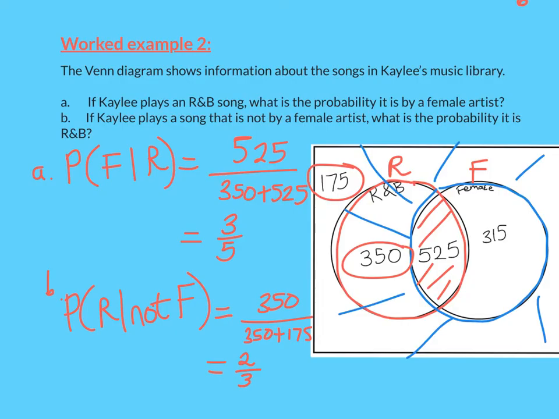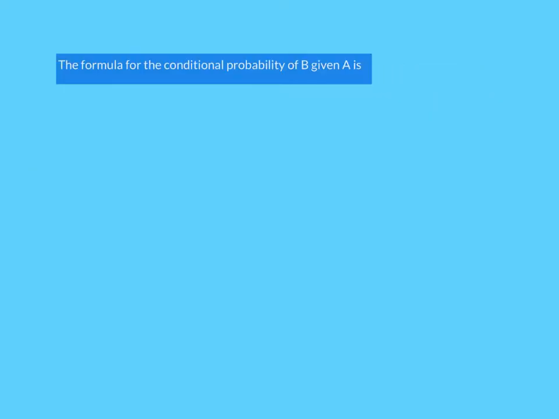Okay. We're now going to move on to the formula of conditional probability of B given A. Okay, so this probability, the probability of B given A, is the probability of A and B, all divided by the probability of A. And this can be rearranged to a useful result, which is this.